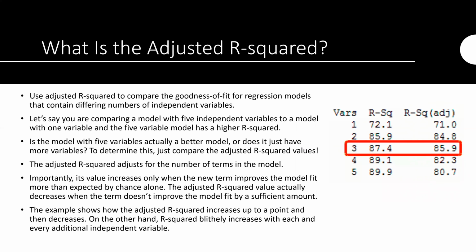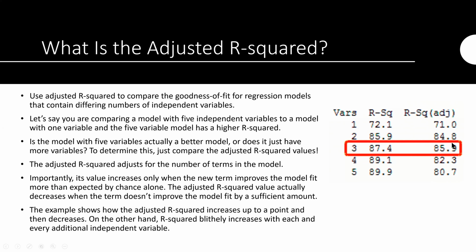Another example is that look, you see here we have R squared and R squared adjusted, and you can see that R squared will always increase when we increase the number of variables, but the adjusted R squared will not always increase. It will reach the maximum when there are 3 variables, but will decrease when you have the 4th and 5th variables added in.